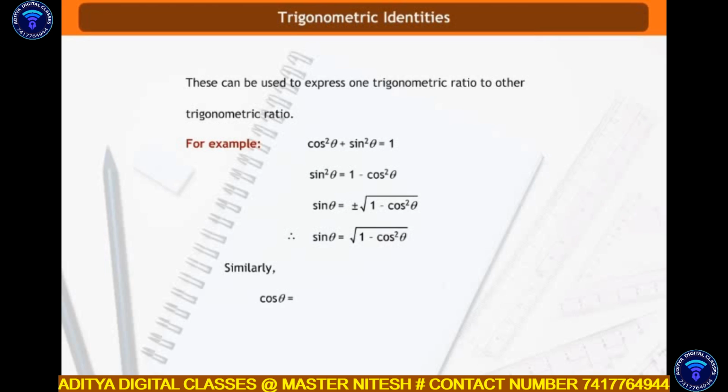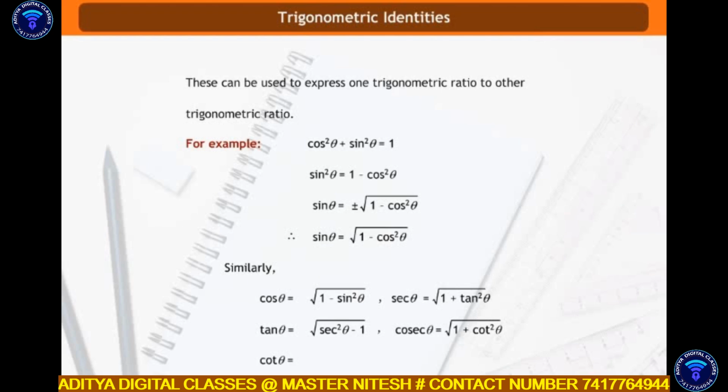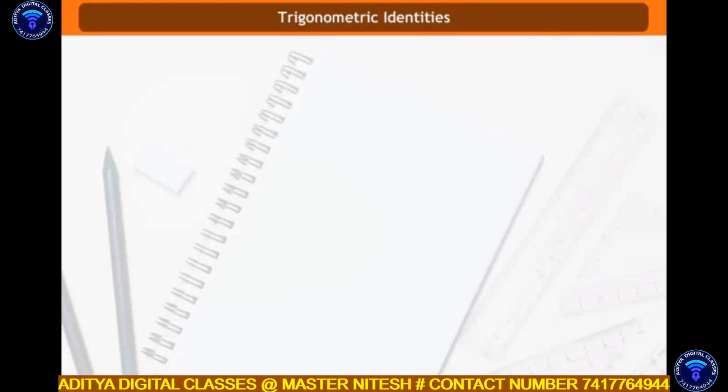Similarly, cos θ = √(1 − sin²θ). Secant θ = √(1 + tan²θ). Tan θ = √(sec²θ − 1). Cosecant θ = √(1 + cot²θ), and cot θ = √(cosec²θ − 1).